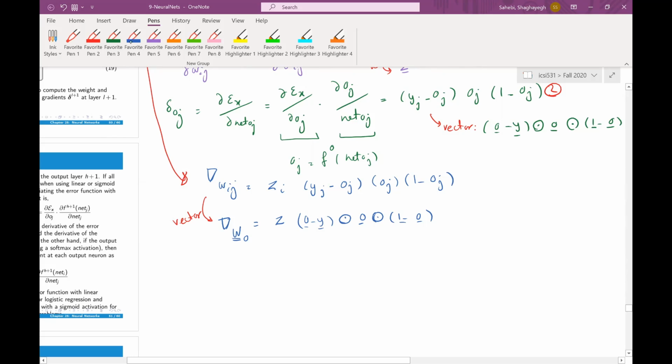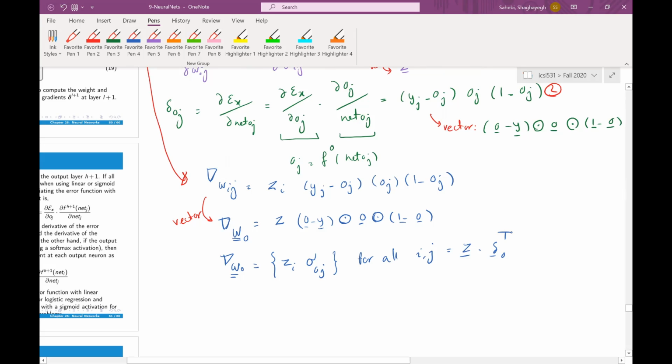Or in other words, we can say that the gradient of WO is all the Zi's and net gradients of OJ's for all I and J's that are in our data, or we can say it's equal to vector Z dot delta O vector transpose.